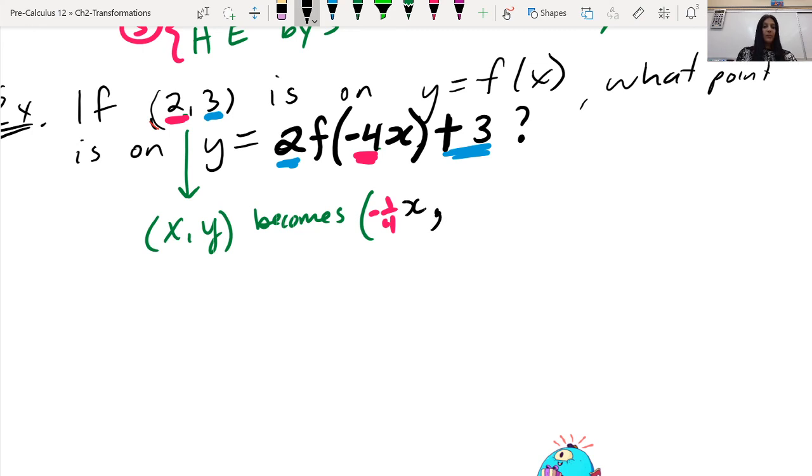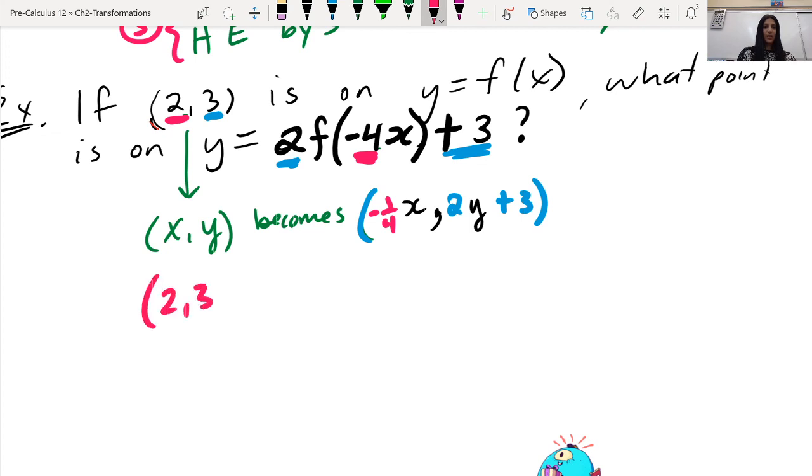And then for the y part, y would become 2y because of this. So 2y, and then plus 3 because of the thing at the end. So this basically tells us what I would do to the points. I find that this makes it much easier to make sense of.